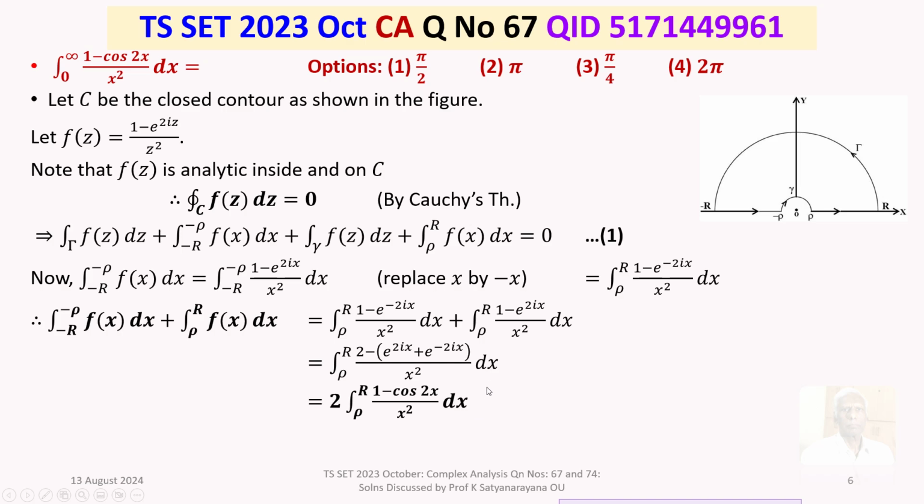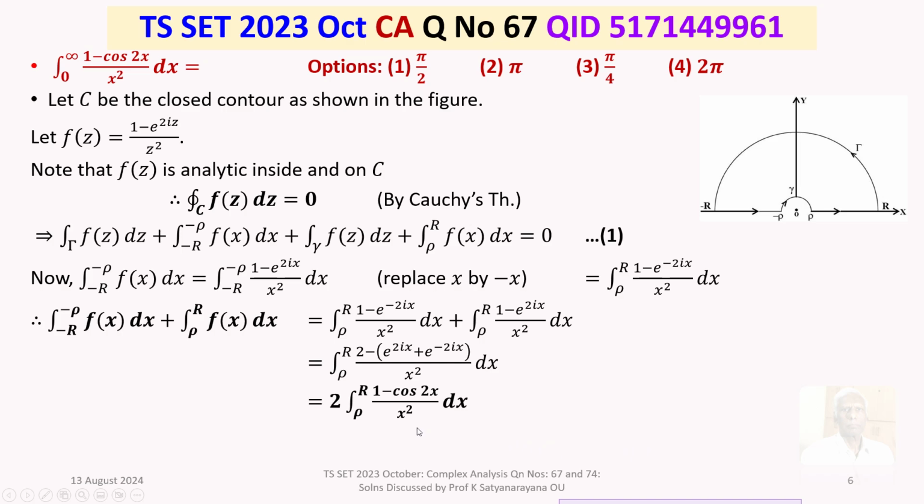Right. Now you can guess. As rho tends to 0 and capital R tends to infinity, you will get the integral from 0 to infinity of (1 minus cos 2x) by x square dx from here. So you know what to do now.